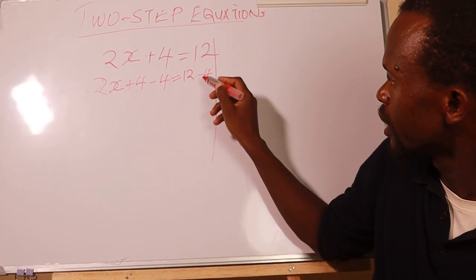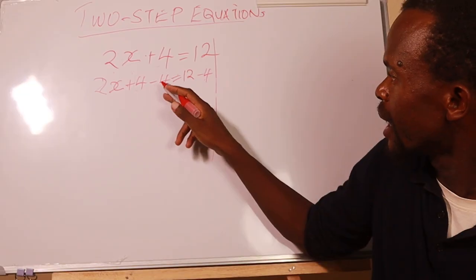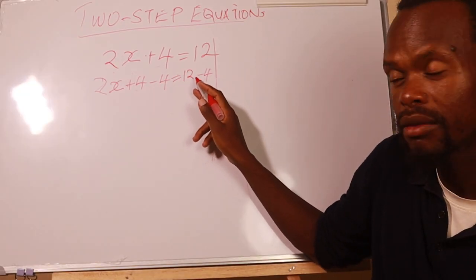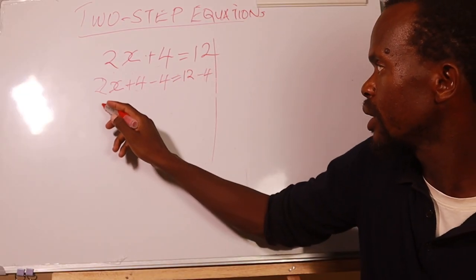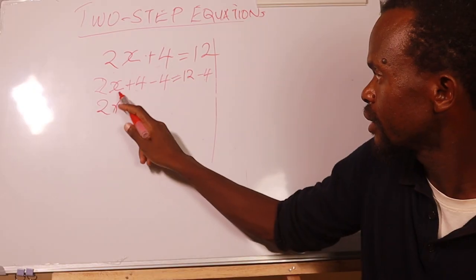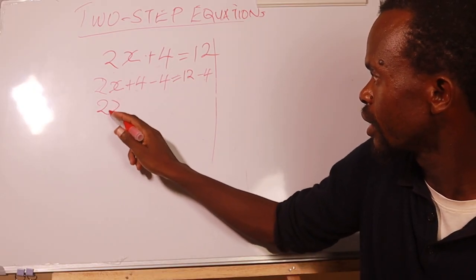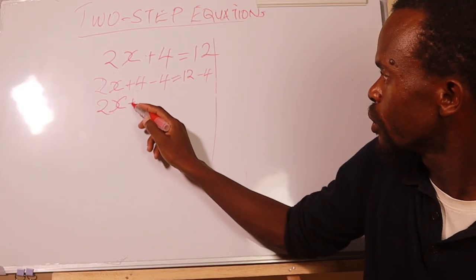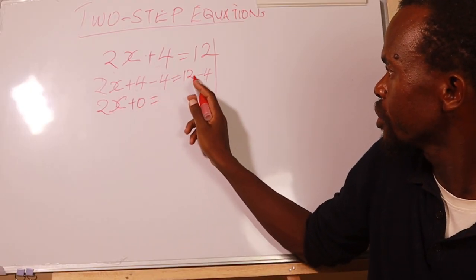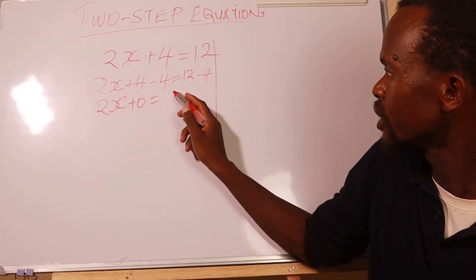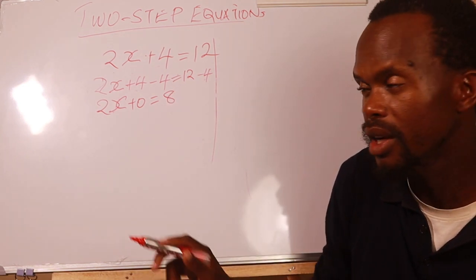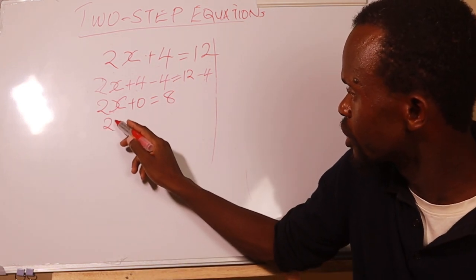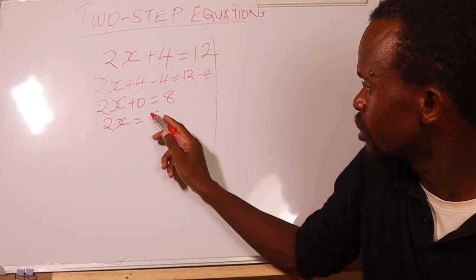So we're going to say 2x plus 4 minus 4 is equal to 12 minus 4. So this will be 2x plus 0, equal to 12 minus 4, which is 8. So we'll be left with 2x is equal to 8.